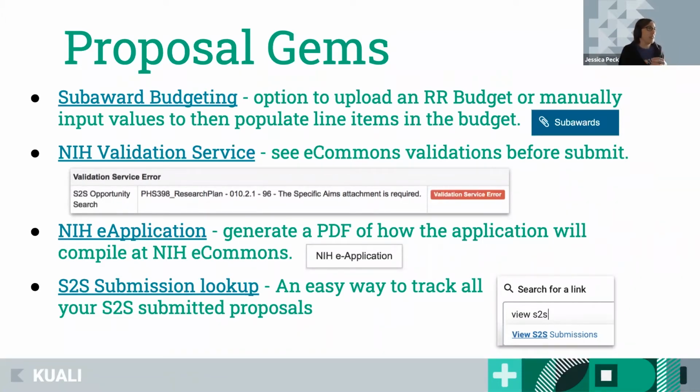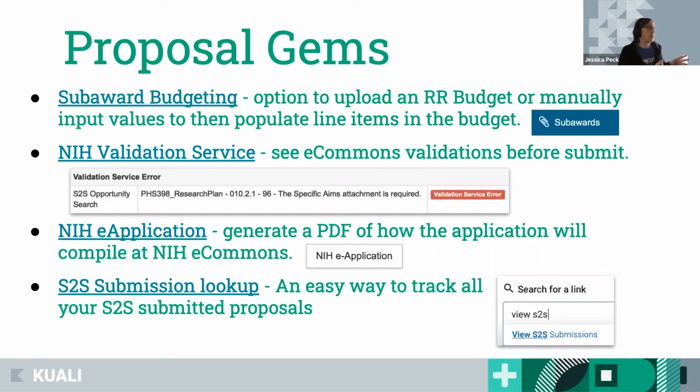Also, the NIH validation service. So if you're using system to system, we can also enable the NIH validation service, which goes out to Commons and applies the service they do. So when you submit an application, it'll basically run validations at Commons against the program announcement, against certain criteria for that given RFP.